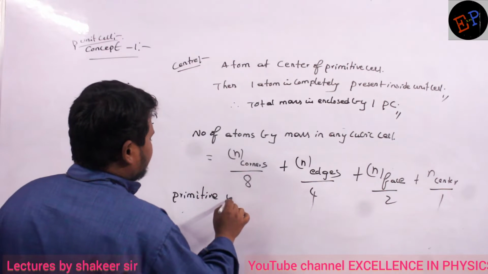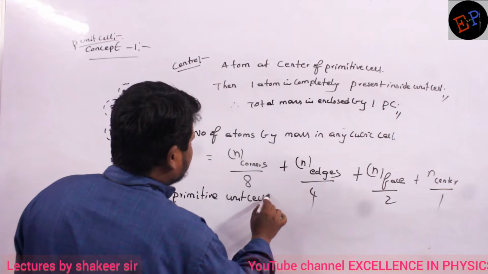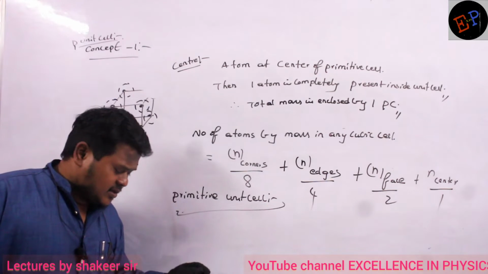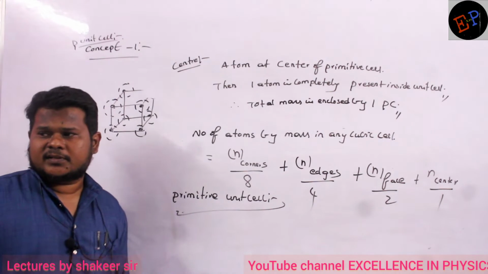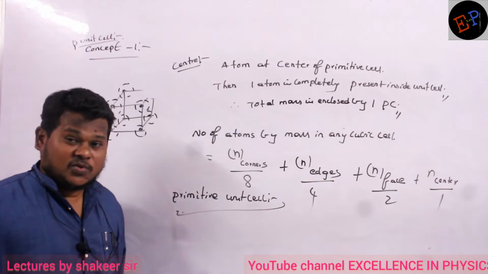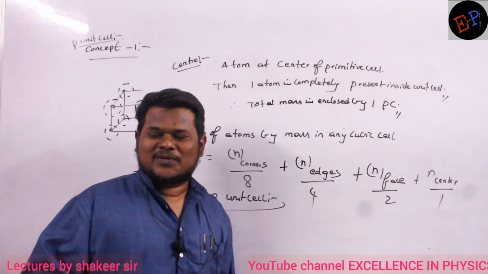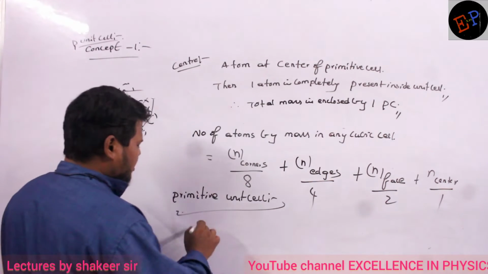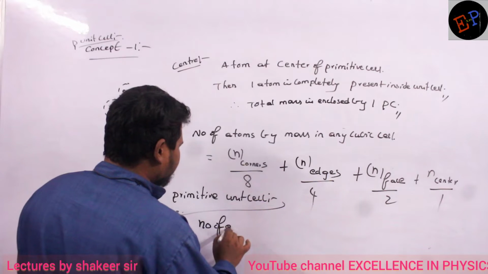Okay ma? So for a primitive unit cell, how many atoms are present? 8. Where are they present? Only at the corners. Not at edges, not at face, not at center. Are you able to understand ma? So how can I calculate the number of atoms?